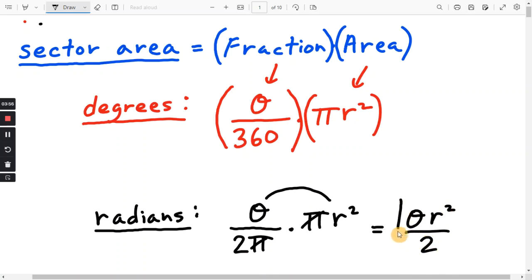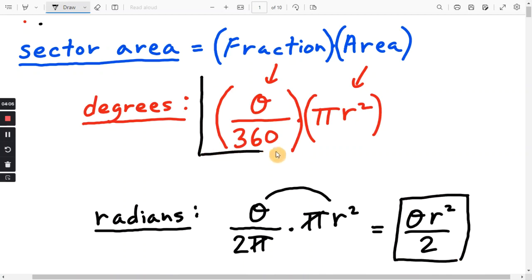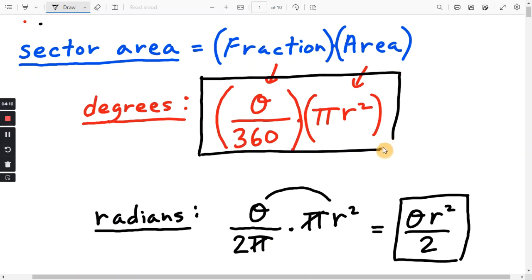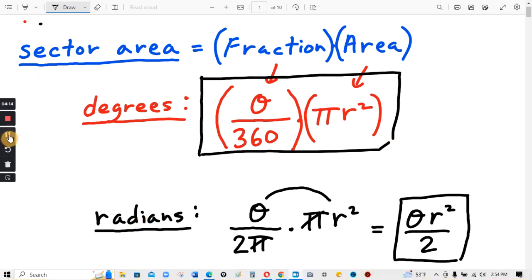So this right here is the formula for sector area when you are in radians. And this right here is the formula for sector area when you are in degrees. If you don't remember this, you can still start with this basic formula, but the pi's are going to drop out, canceling numerator and denominator.